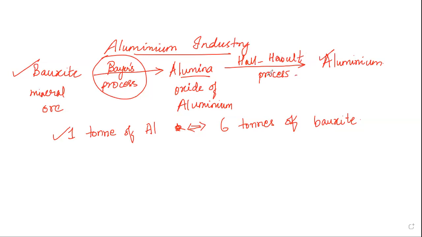I repeat again, extraction of alumina from bauxite is done through Bayer's process, and extraction of aluminium from alumina is done through the Hall-Heroult process.